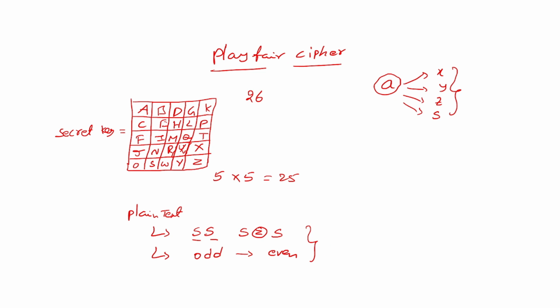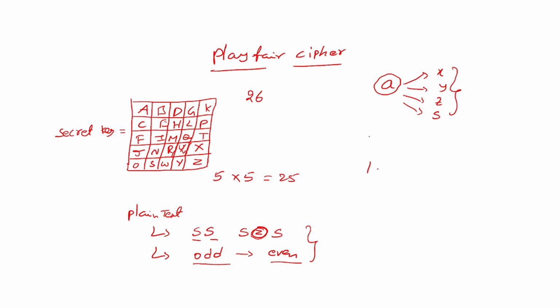First, check whether the same characters occurred in a pair, then place a bogus character in between the same characters. Second, check the number of characters in the plain text. If it is odd, then make it even by adding a bogus character. This is the process to do before encrypting the plain text.